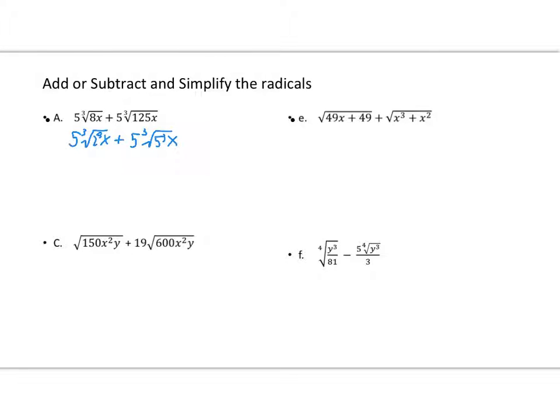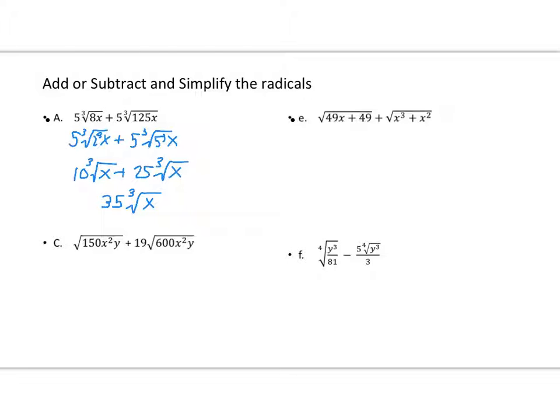And now you can see that we can take the 2 and the 5's out, so we get 10 cube root of x plus 25 cube root of x. And now we have the same index and radicand, so now we have 35 cube root of x as our final answer.